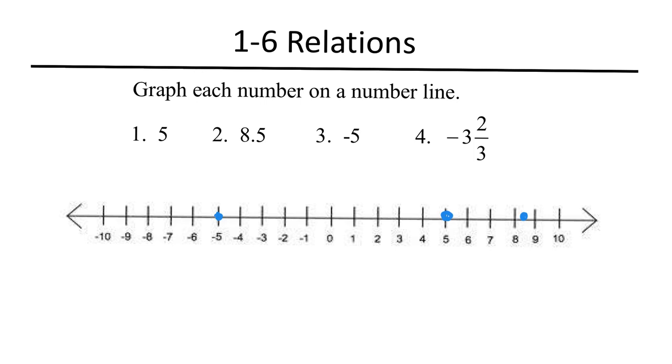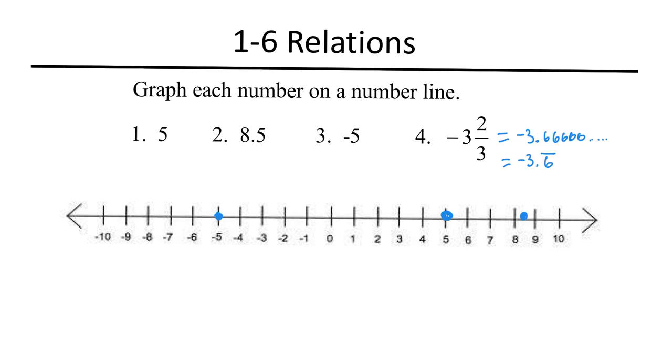And the next one is a mixed number, a negative 3 and 2/3. Now, negative 3 and 2/3, if you want that as a decimal, using a calculator, it's going to be about negative 3.666666, and it keeps going and going. So you can rewrite this as negative 3.6 with the line repeating on top of the 6.